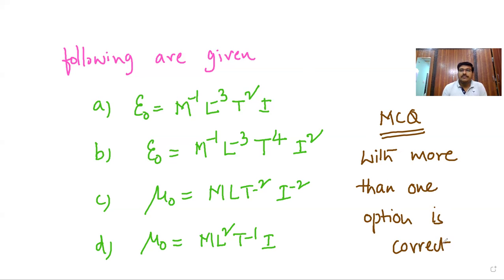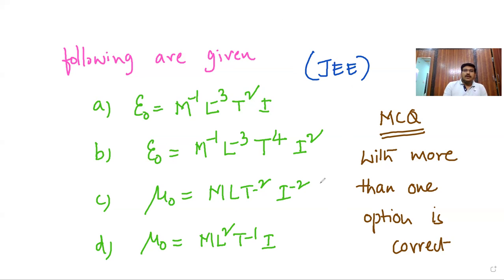Now, the clarity: out of the 4 options as provided, more than one option can be correct. This is a previous JEE, IIT examination, joint entrance exam question. Clear?